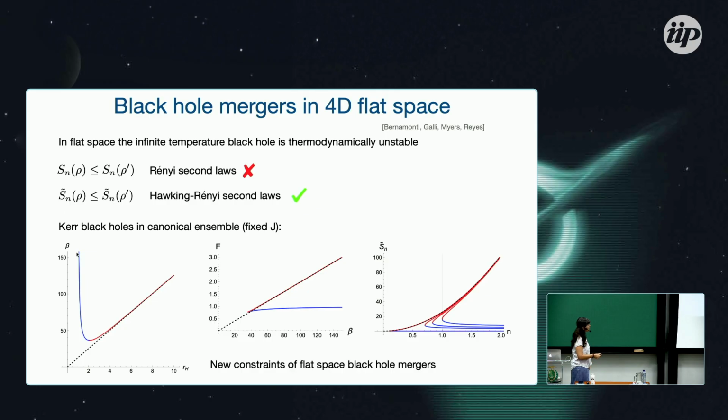It's just evaluating this refined entropy and then using it to put constraints, following the lines of what Hawking did. We can be more stringent, but we are under the same assumptions under which we apply the area theorem to black hole mergers.